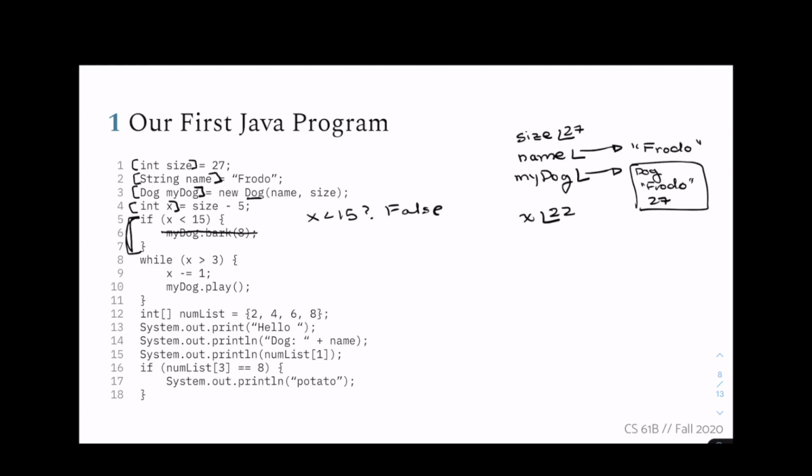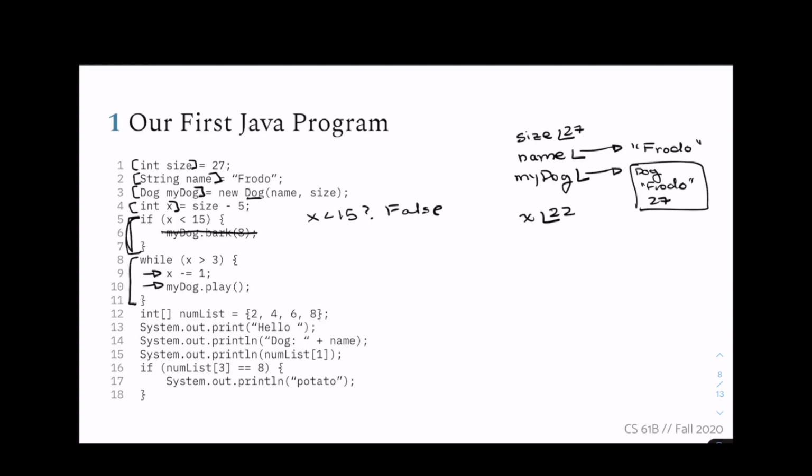So now we can go to our next block, which is while x is greater than 3. x again is 22, so it is greater than 3. So what's happening inside here? Well, the first line subtracts 1 from x each time it runs, and the second line calls myDog.play. So each time this while loop runs, we're subtracting 1 from x.